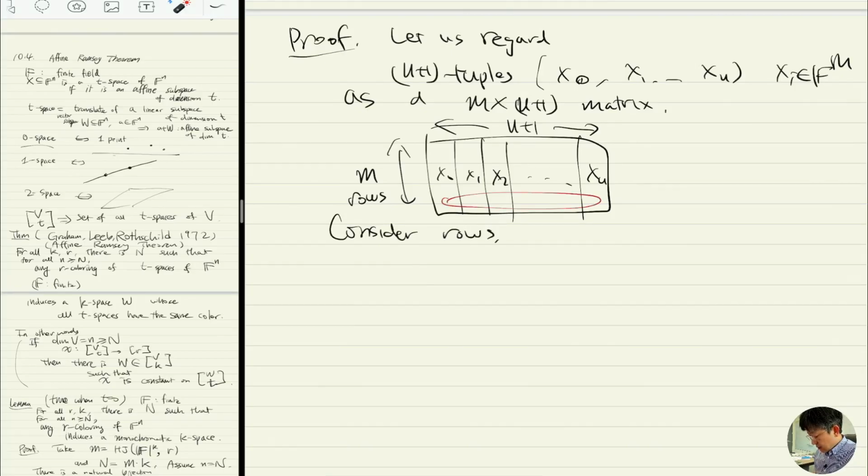And the number of rows is big. And the number of possible distinct rows is at most, of course, F to the U plus 1, right?